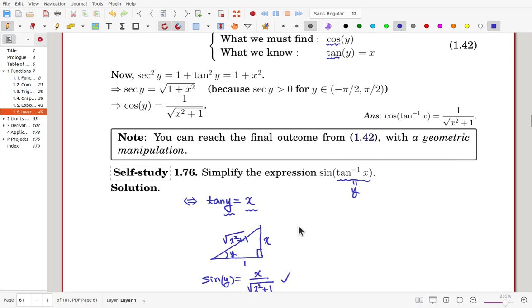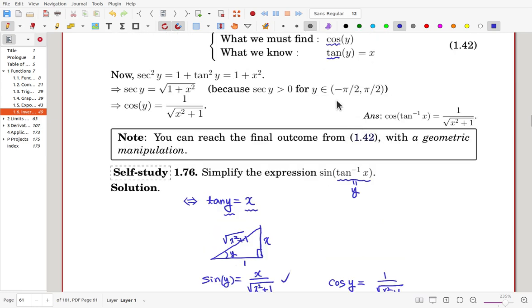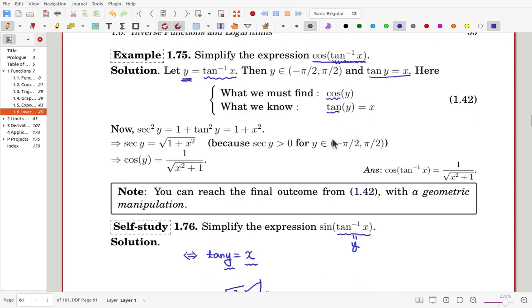It is the same geometric expression, and cosine of y is a ratio between that side and the hypotenuse. So it is 1 over square root of x squared plus 1, which is exactly the same as before. The algebraic expression is complicated.